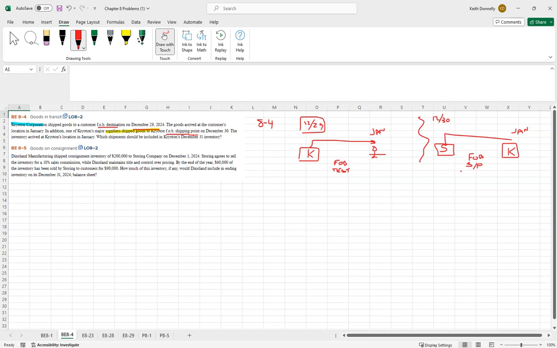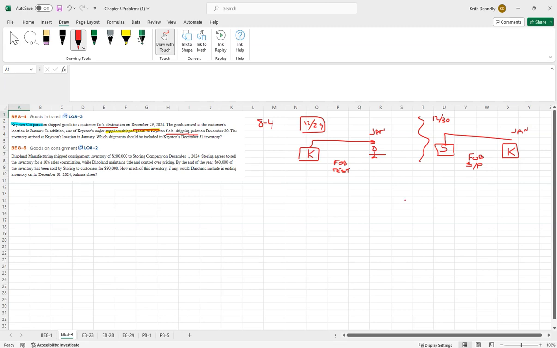What is in our inventory? What are we going to include here? Well, we have over here FOB destination. We shipped it on 12/29. It didn't get there until January.